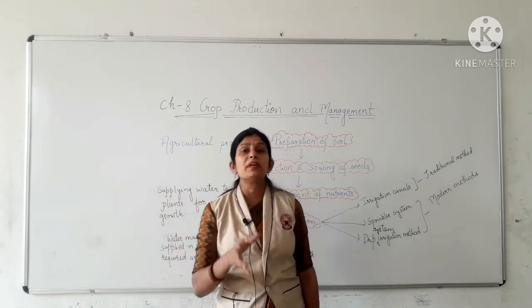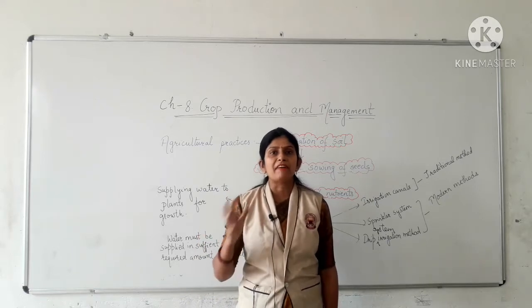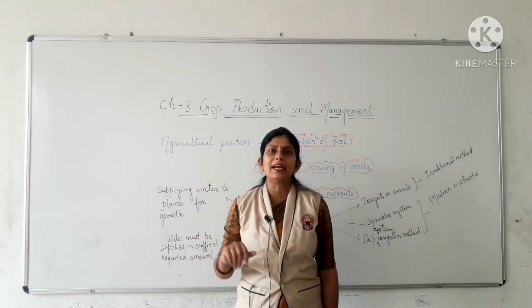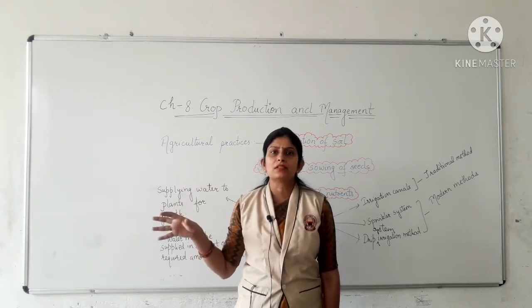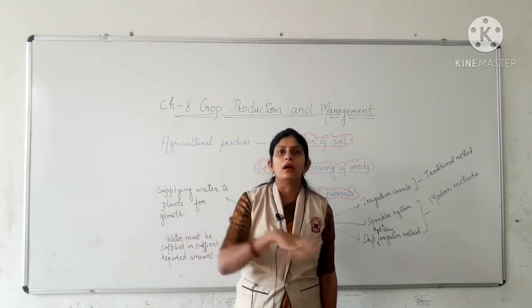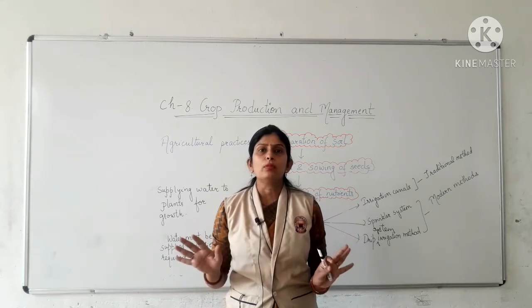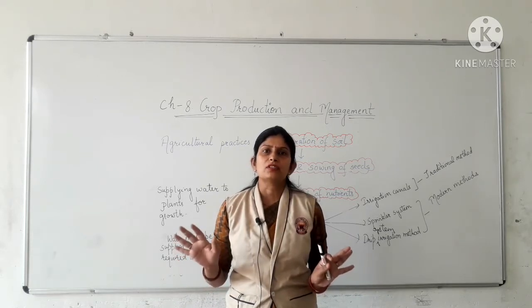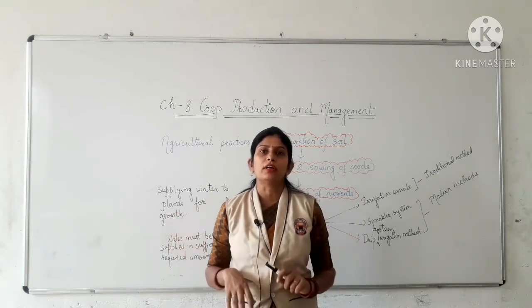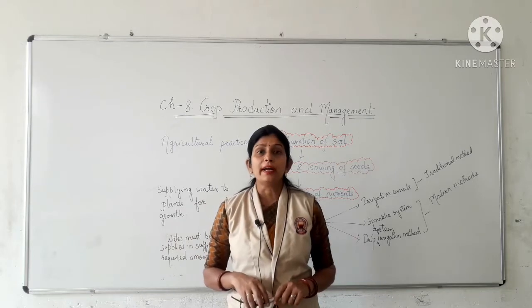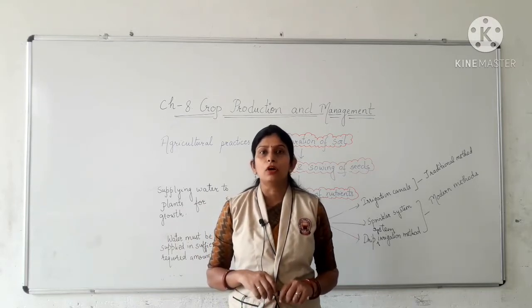So there must be a proper, efficient drainage system so that extra or excessive water can be drained out, and there must be no accumulation of extra water, standing or stagnant water in the fields, to avoid a condition like waterlogging.